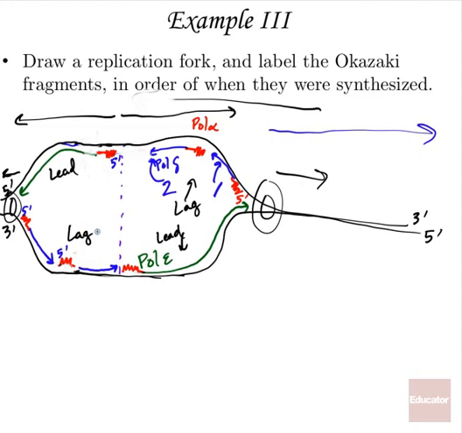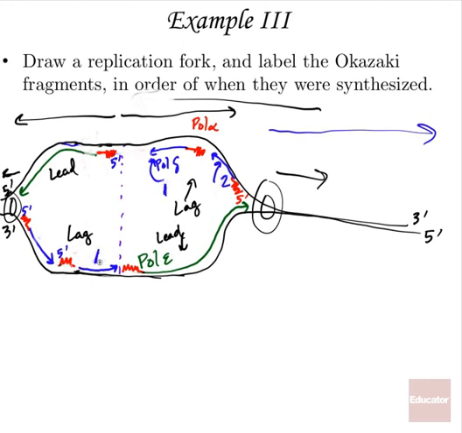So hopefully this was clear enough for you to see how we have the leading and lagging strands. And let's label these, which one was the first or the newest, sorry. So actually, let me delete that and make it a little easier for you by saying this was the first one made, this was the second one made.